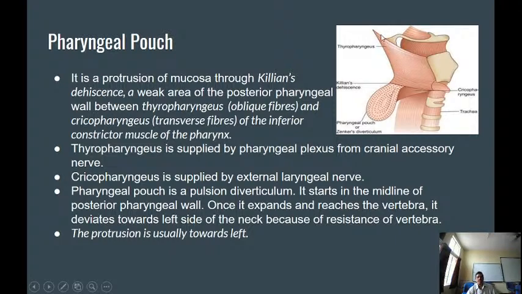The inferior constrictor muscle is divided into the thyropharyngeus and the cricopharyngeus muscle. In between the thyropharyngeus and the cricopharyngeus muscle, there is a weak spot in the posterior aspect, through which the pharyngeal mucosa can herniate into a diverticulum.